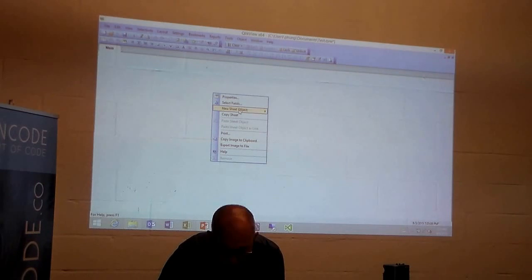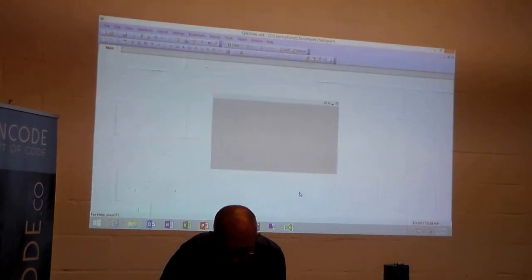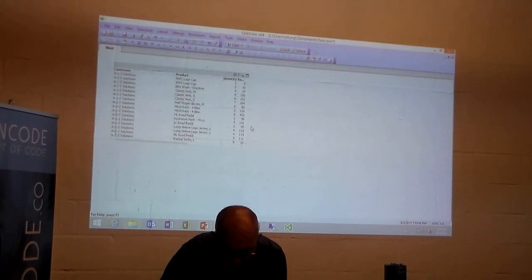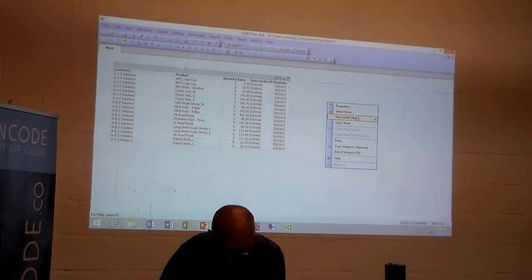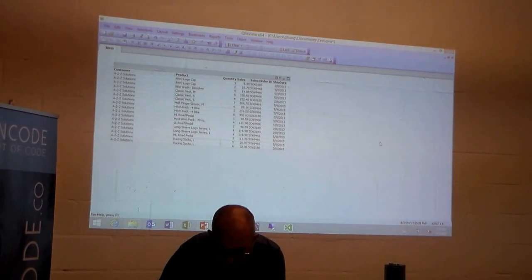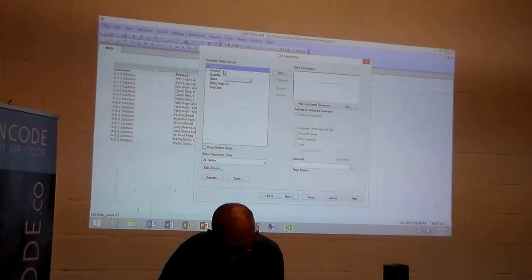I can easily create a table with all those fields. Boom, table is done. I can create a chart. Very simple. If I go in there, I select a chart. What kind of chart? Let's say a bar chart. And I want to do it by customer.